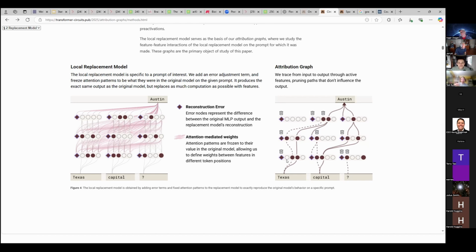But if the sentence is "the Eiffel Tower is located in," then maybe most of those things, like who the architect is, are just dead ends and don't end up contributing to the next token prediction, Paris. Okay. So there's two kinds of pruning, right?